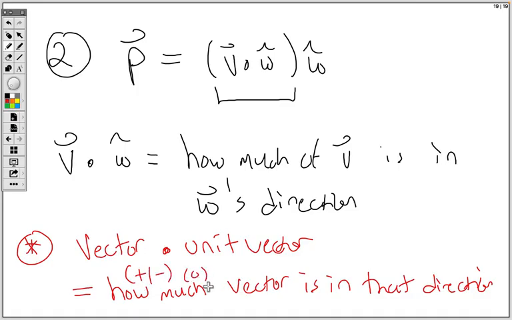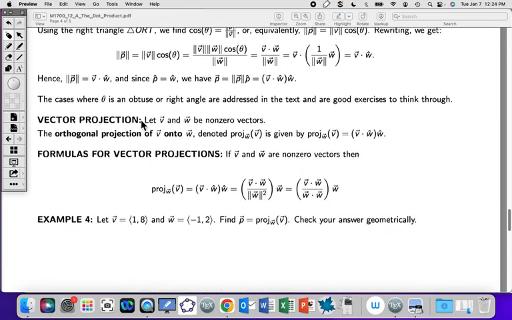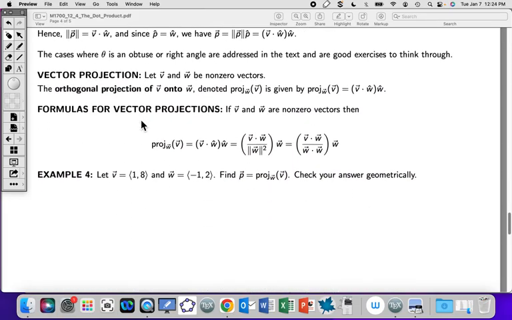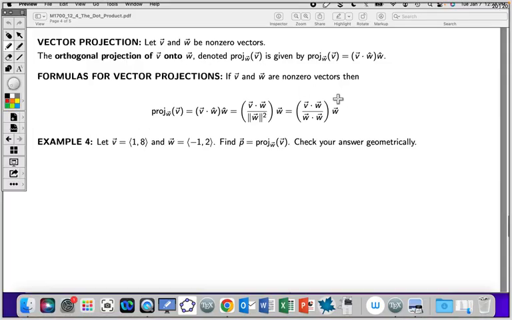If the dot product is 0, then none of the vector is in that direction. If it's positive, some of the vector is in that direction. If it's negative, then the vector is going in the opposite direction. All right, so here are these formulas. Once again, this seems to be the fan favorite because it's all dot products, but the other one tells us theoretically more about what's going on.